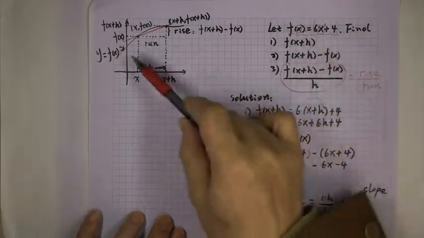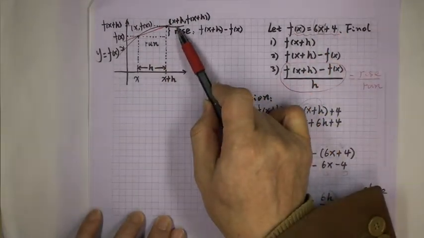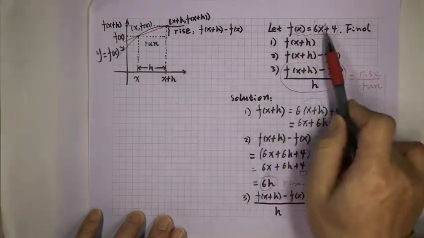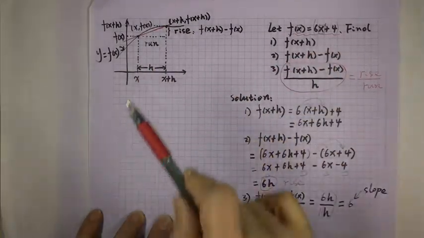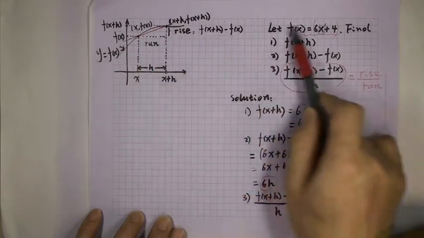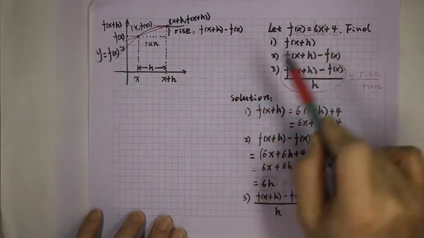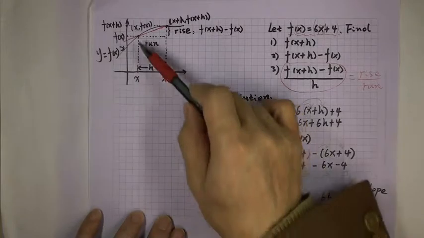But here is the curve. Again, the equation may not be linear. If it's linear, we know that will be this constant. But here it is not.